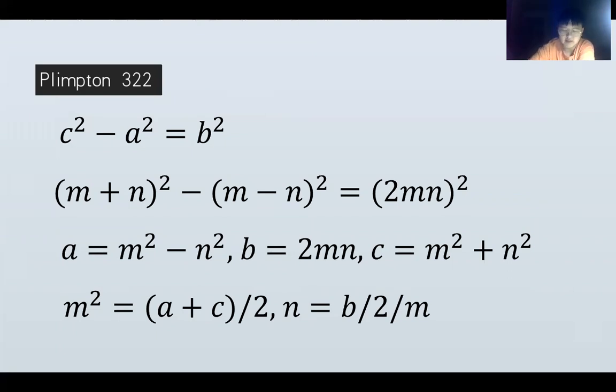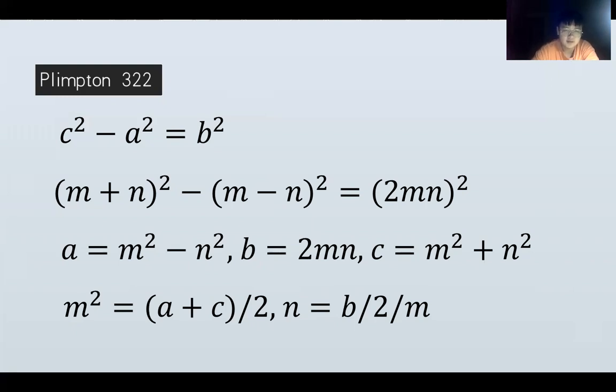There is a condition that m should be bigger than n. So, two more steps. The first step is we write a as m squared minus n squared. We write b as 2mn. We write c as m squared plus n squared.